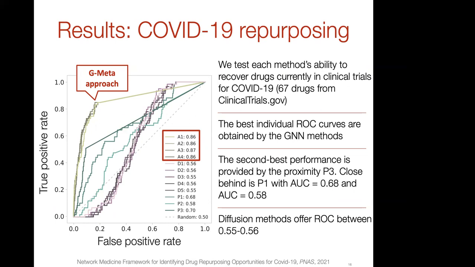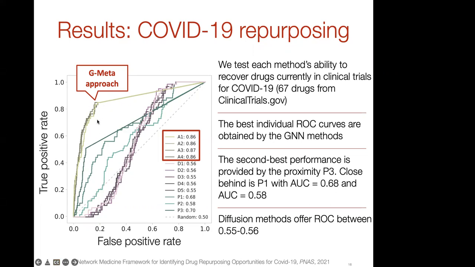So the first test that we did at that time was, because there were no examples of successful treatments, how could we even estimate how good that priority list is? So we did a simple study, and there were a lot of simple checks, but here I'm just showing one example where we looked at drugs that were in clinical trials at that time, and we correlated the priority list of drugs produced by G-Meta to a list of drugs ranked by in how many trials they are currently considered.